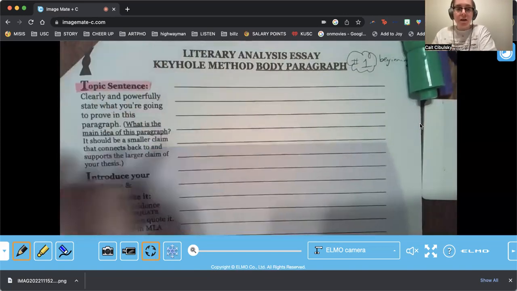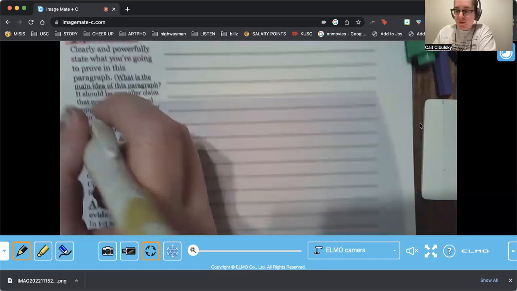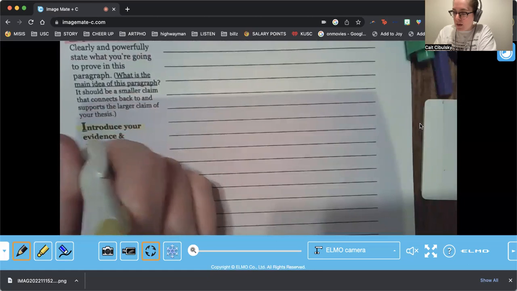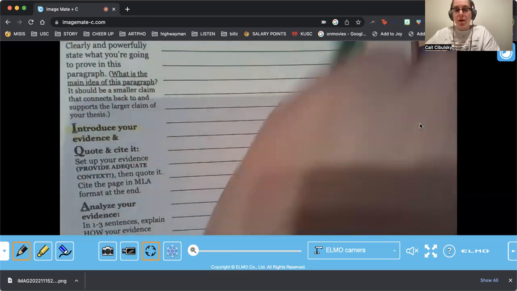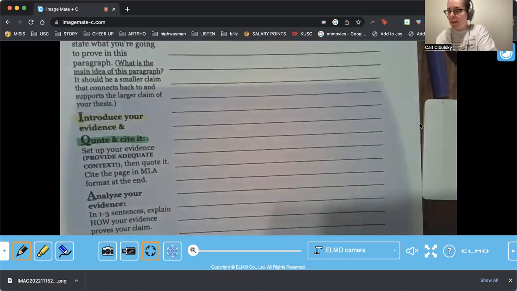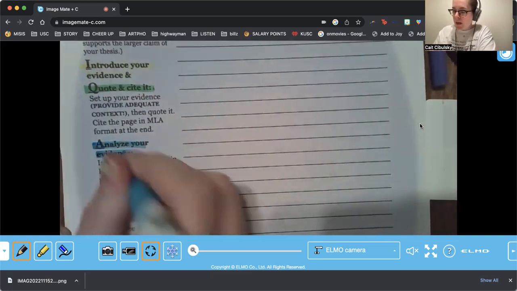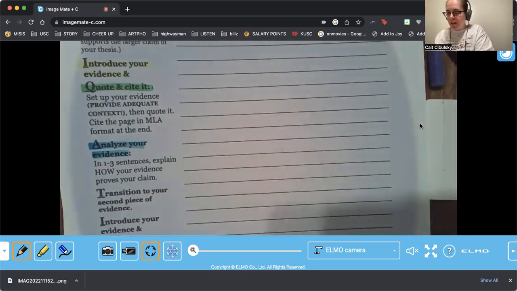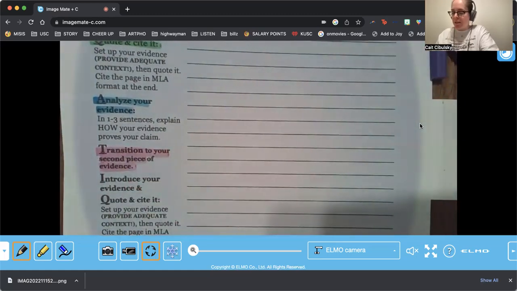So I've got my first color for the T there, my pink. I've got my second color, my yellow, for introducing my evidence. Then I've got my third color, green, for quoting and citing that evidence. I have my fourth color for analyzing my evidence. Going back to my pink for T, for transition to your second piece of evidence.